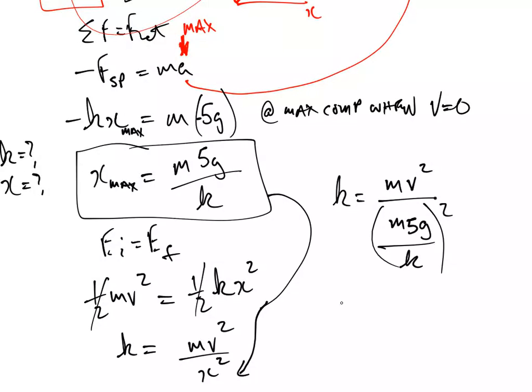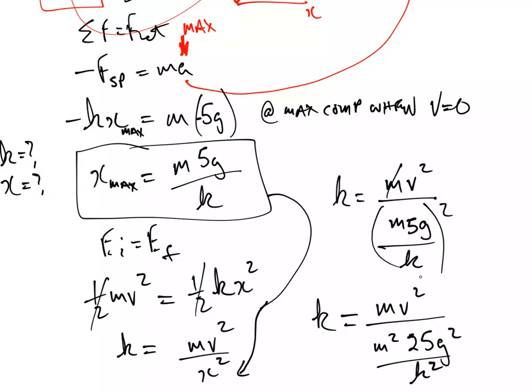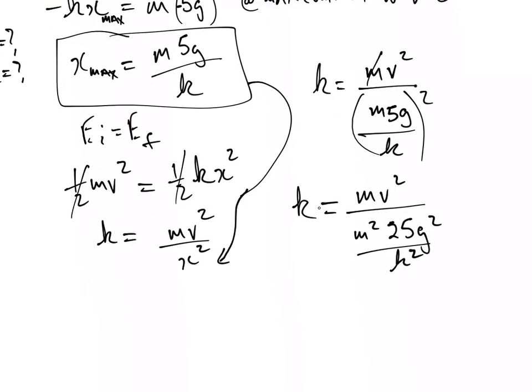So, what are we going to get in total? If you notice here, this m can cancel with that m squared. Now, if we just write it out, maybe it might be simpler for the algebra. We're going to get m squared, 25, g squared divided by k squared, and of course, this is all equal to k. So let's do a little more algebra here, because we're solving for k.